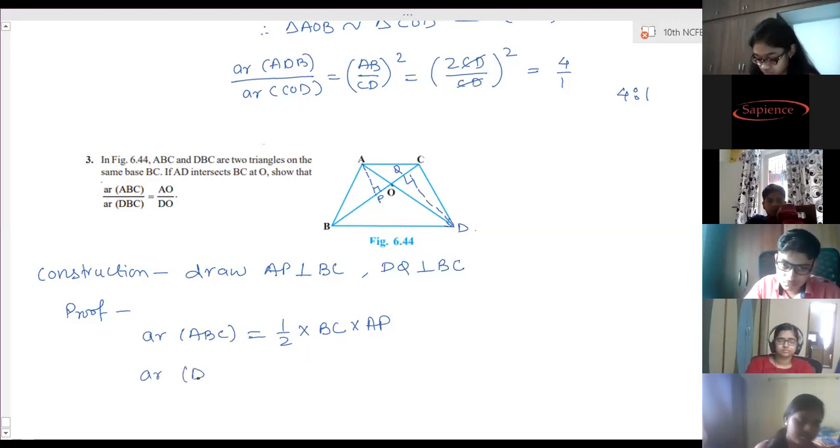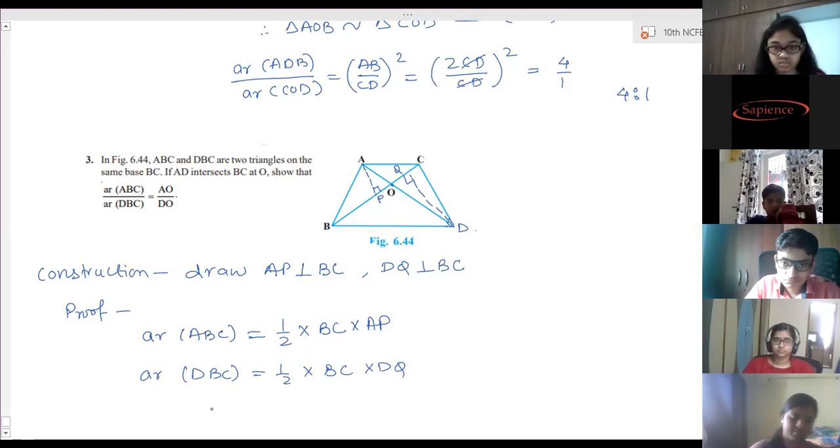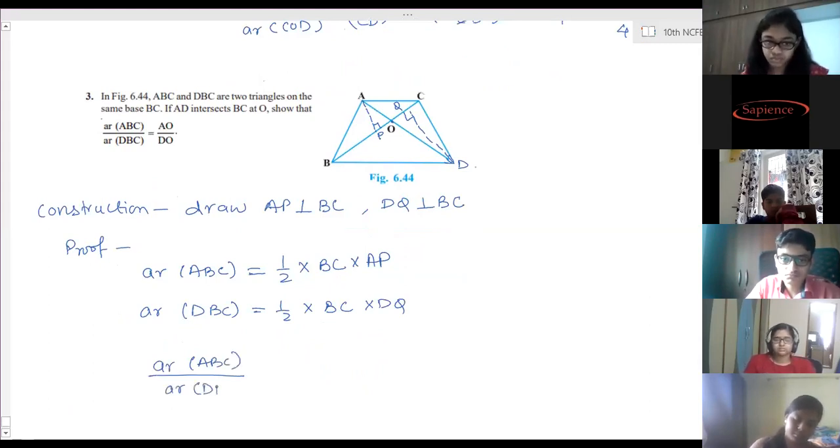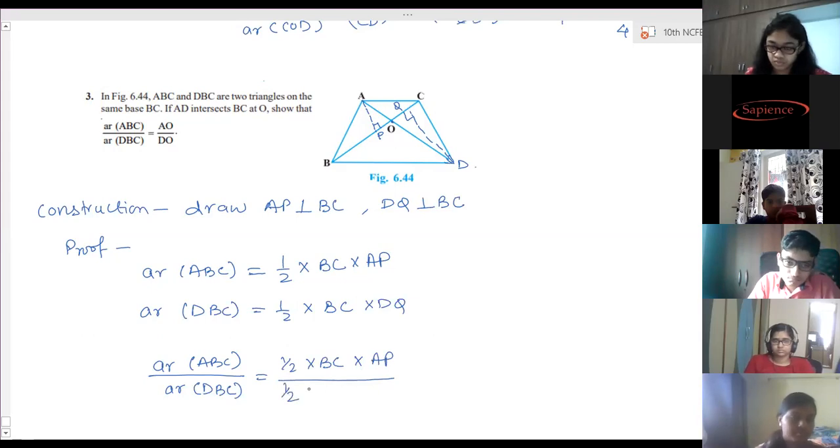And area of DBC is half into base, again BC here, and the height is DQ, right? Now take the ratios. Area of ABC by area of DBC is equal to half into BC into AP by half into BC into DQ. So BC cancelled, half gets cancelled.